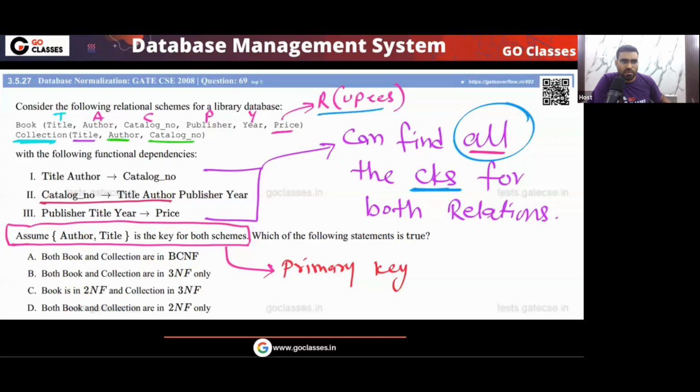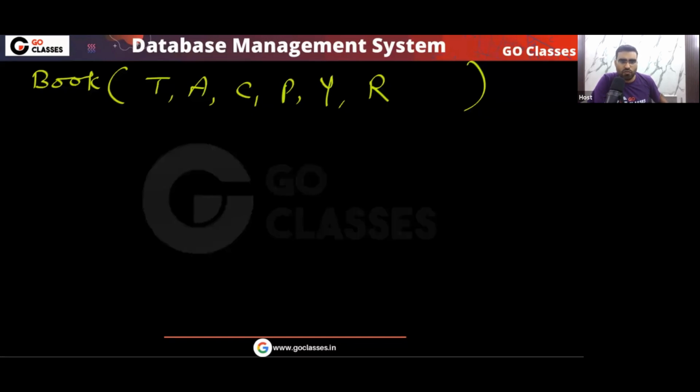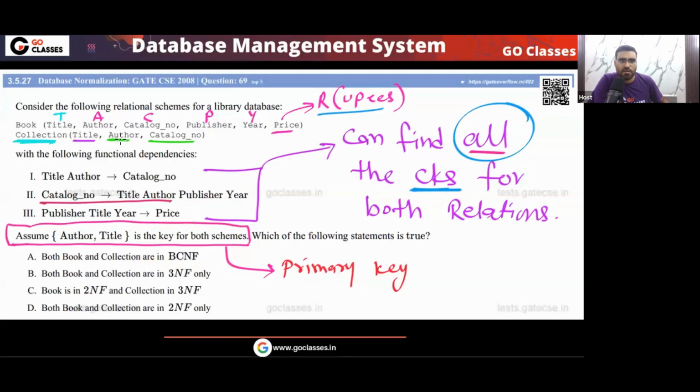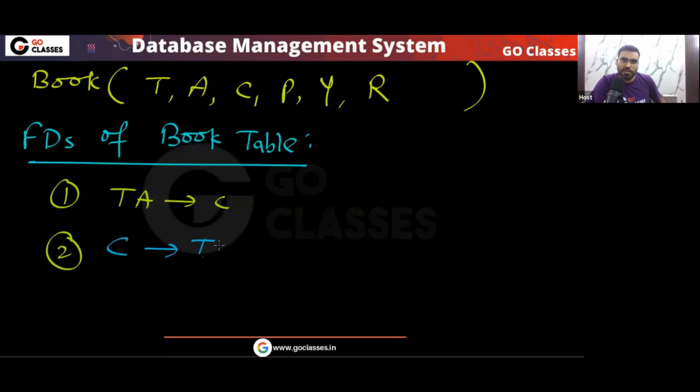What will be the FDs of the book table? One of them is TA determining C. What else? Another is C determining TAPY. What else?